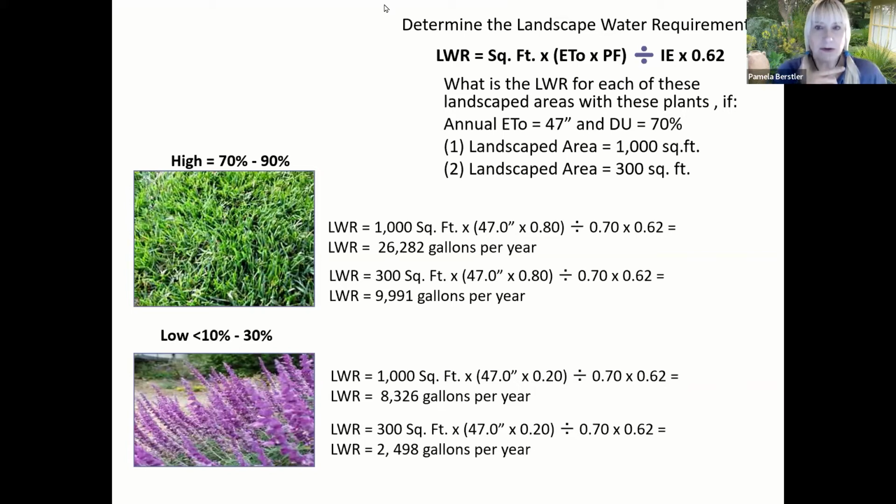Something that I want to mention is that there are times when you're going to see landscape water requirement expressed in this formula that I call a double-decker formula. So it's got a piece on top, and then it's got a piece on the bottom, and it actually looks pretty confusing. One of the cool things about multiplication and division is we can align a formula into a single line and multiply and divide across that line and come up with the same answer.